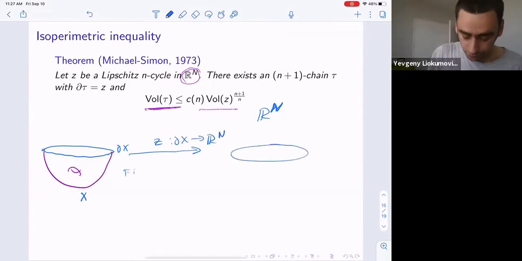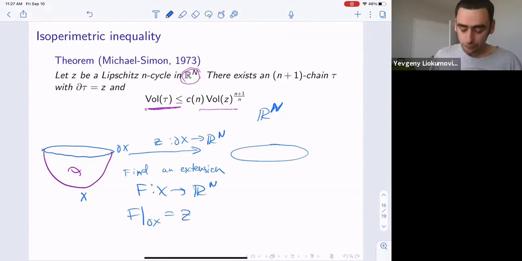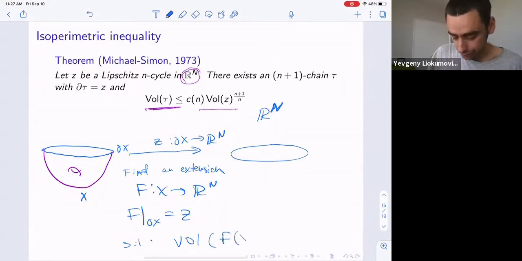And then you want to find the filling, but really it's just an extension F from X into R^n, that is, the restriction of F to the boundary of X is equal to Z, such that the volume of the image is controlled.